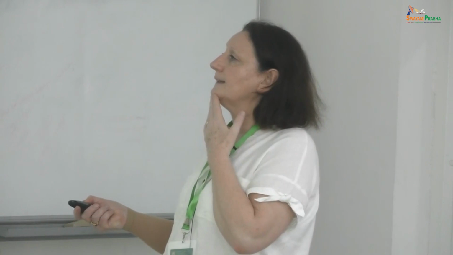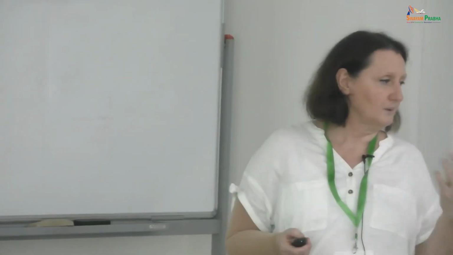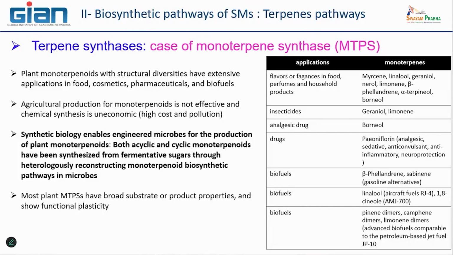You have also some drugs, like paeoniflorin, that come from Paeonia. It's a very important flower, and they have lots of activity. Biofuel also uses this type of monoterpenes, and when the scientific community develops projects for the production of biofuel, it is interesting to know the amount of monoterpene from the cells used as raw materials, in particular in algae.